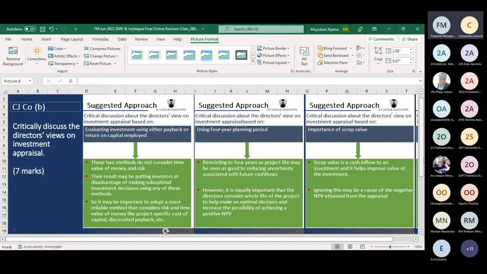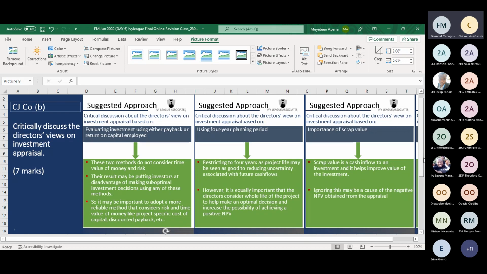However, it is equally important that the directors consider the whole life of the project to help make an optimal decision and increase the possibility of achieving a positive NPV. Why are you saying this? Because our solution shows that we have a negative NPV. So it may be important to look at the period beyond year 4, what are the cash flows associated with this project in those periods.